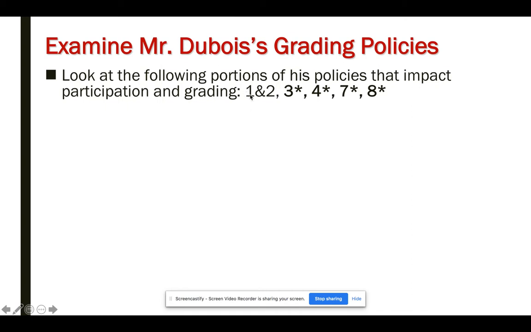You'll see 1 and 2 mention participation, and 3, 4, and 7 and 8 focus very clearly on grading, participation, or homework. So you're going to look at those sections, basically not 5 and 6, and 1 and 2 are just brief.